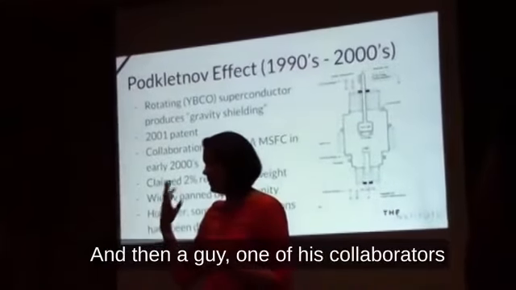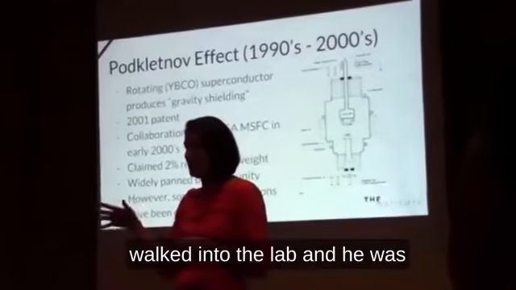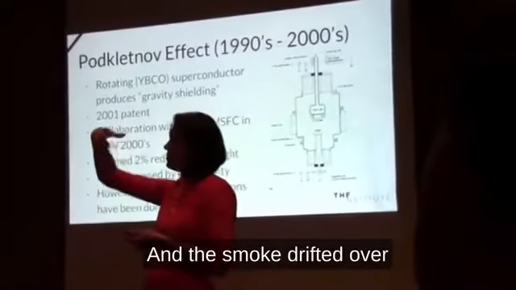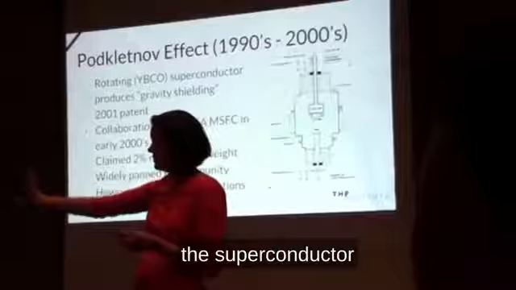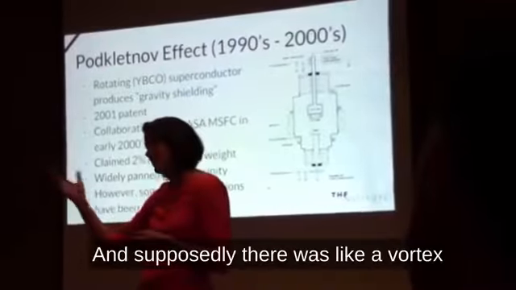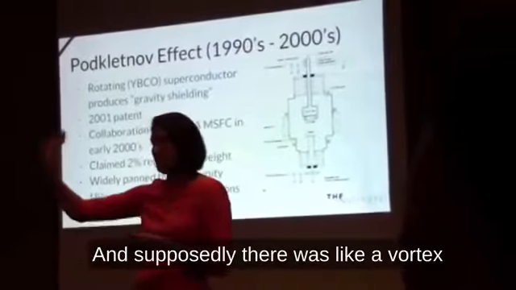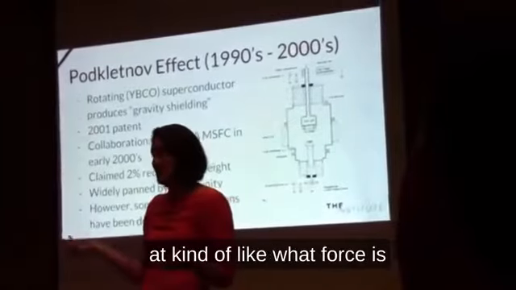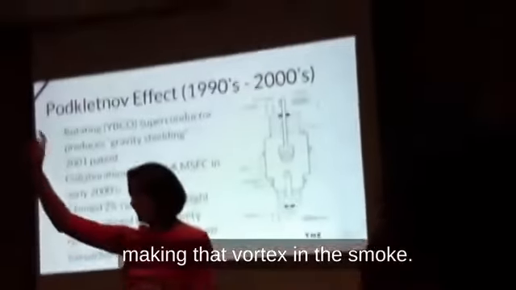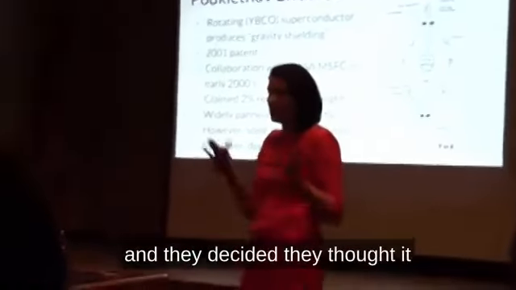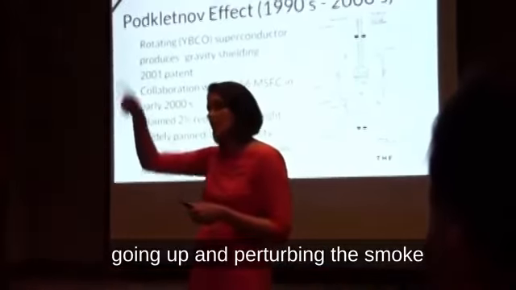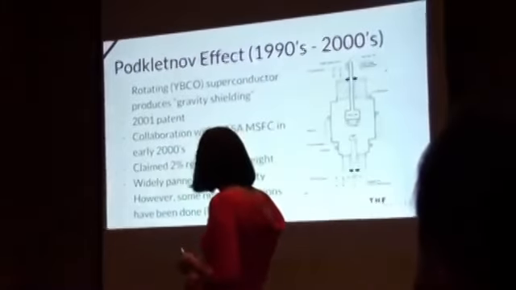Then one of his collaborators walked into the lab smoking a tobacco pipe, and the smoke drifted over the superconductor, and supposedly there was a vortex in the smoke up over it. So they started looking at what force is making that vortex. They investigated further, and they thought it was a gravity wave or a gravity beam going up and perturbing the smoke above the superconductor.